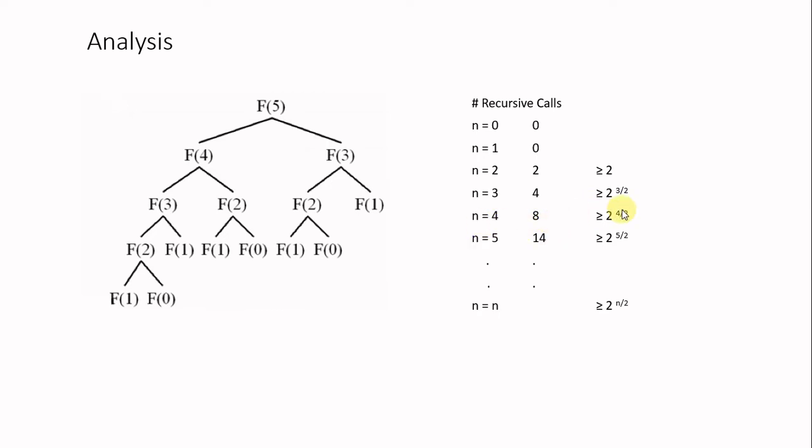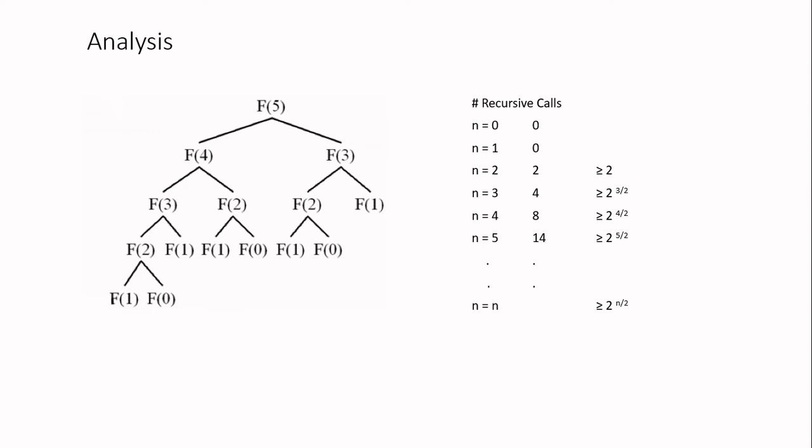For n equal to 5, that is 14, greater than or equal to 2 power 5 by 2. If you write like this, for general n, the number of recursive calls will be greater than or equal to 2 power n by 2.